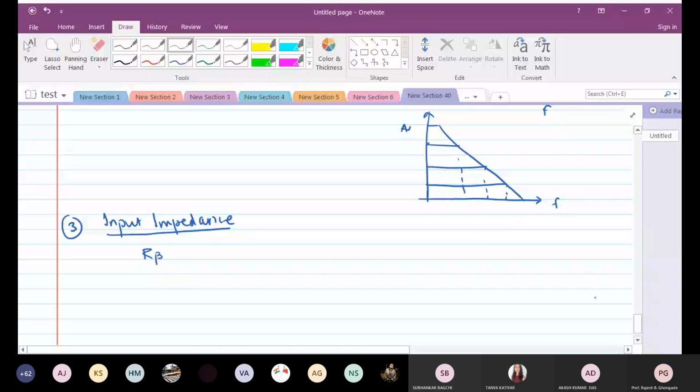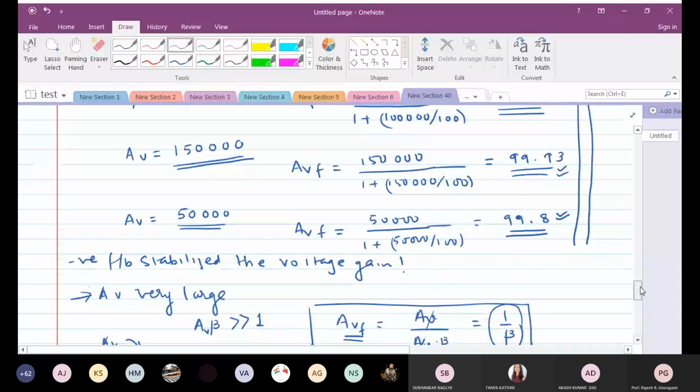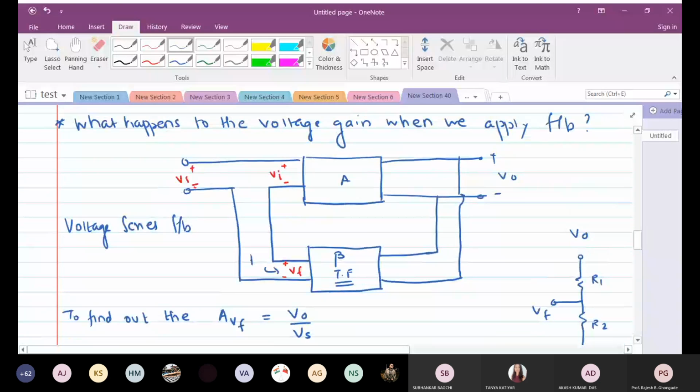So what are you doing here in voltage series feedback? Whatever is the R beta will appear in series with this, which will be your R in or Z in, whatever you like to call it.